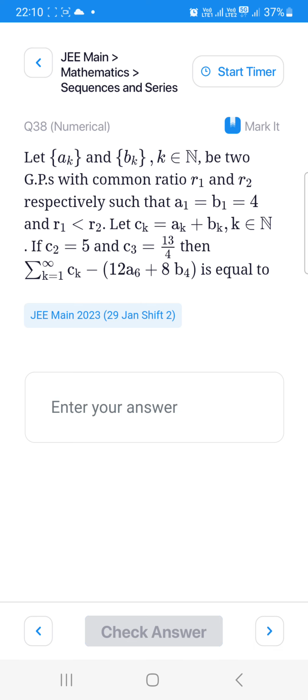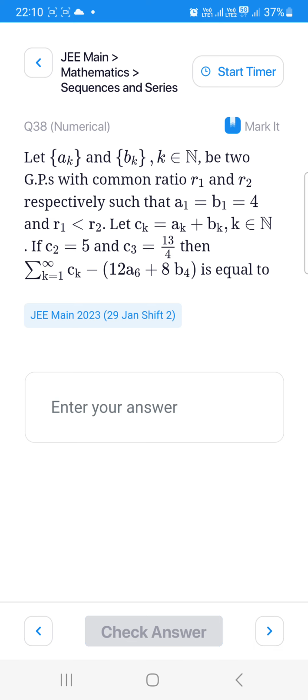This is good information here. And r1 is less than r2. Let c_k, a general term, equal a_k plus b_k for all k belonging to the natural number set. If c2 equals 5 and c3 equals 13 by 4, then we have to find an infinite sum, that is the summation of k equals 1 to infinity of (c_k minus this thing) is equal to.